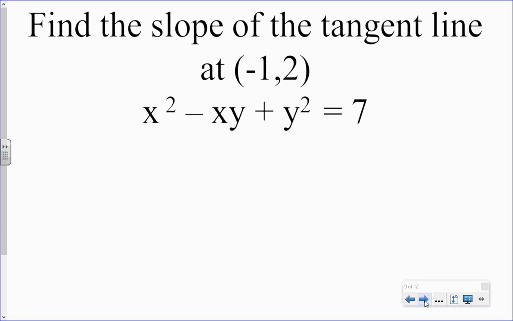So I want you to go ahead and write down this equation and then write down the coordinate that we want to find the slope of the tangent line to.